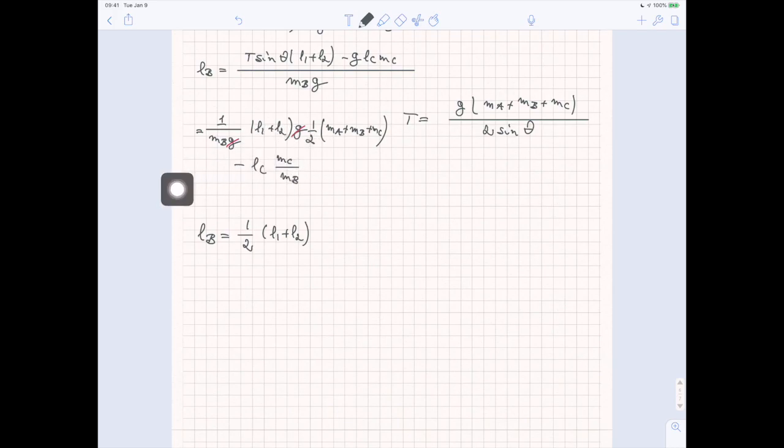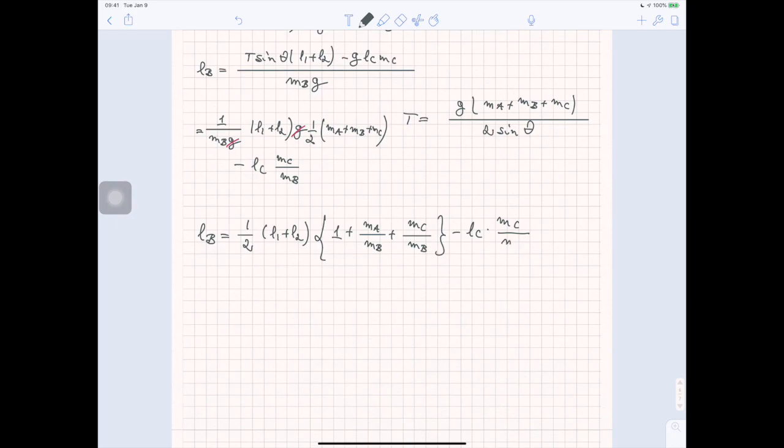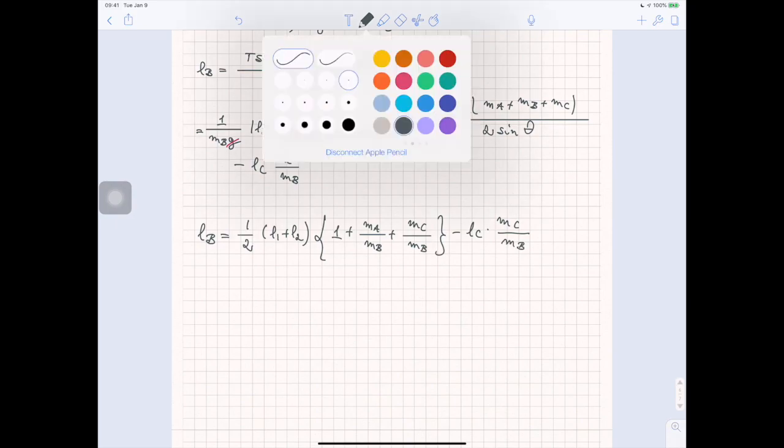And then we multiply 1 over MB into this expression. So then we have 1 plus MA over MB plus MC over MB, minus LC times MC over MB. Okay.